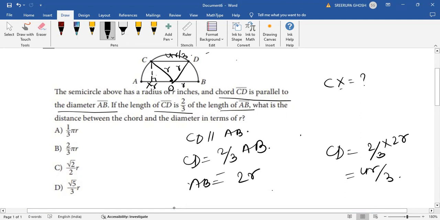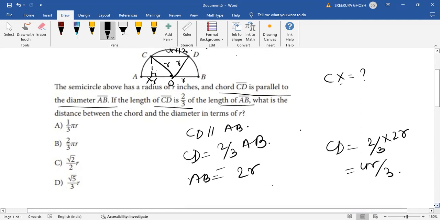Okay. Very good. Now, after this, let's say CX. Let's say this is X, for example. We are just assuming that this perpendicular length is X, right?